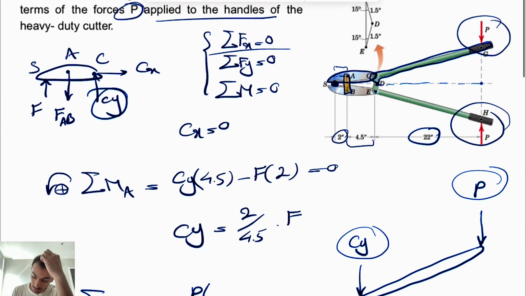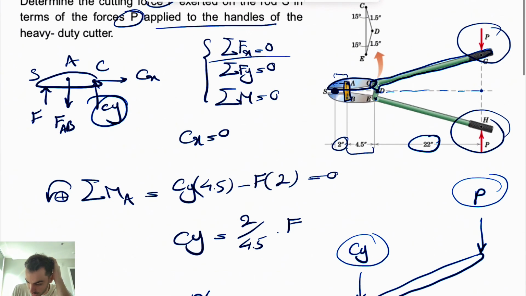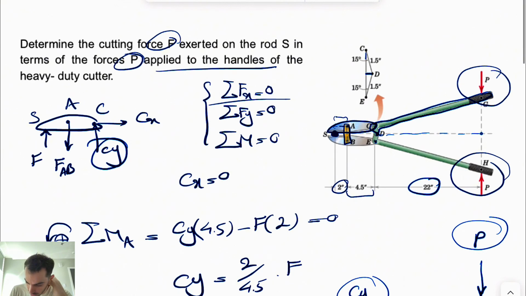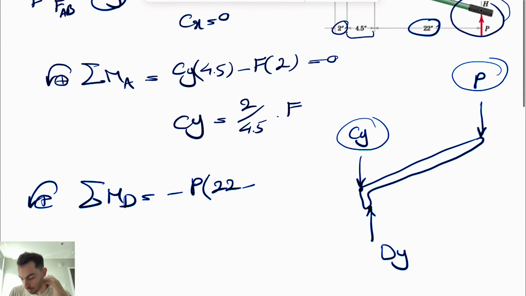So we need to subtract that little distance. It's going to be 22 minus this little distance. If we look at this right triangle, we know this angle is 15 degrees, so that would be 1.5 sine of 15 degrees.